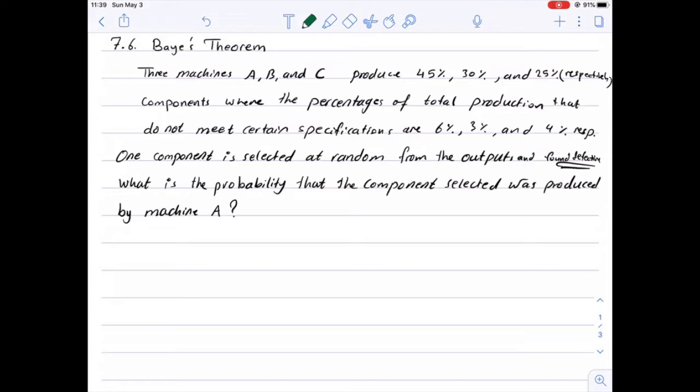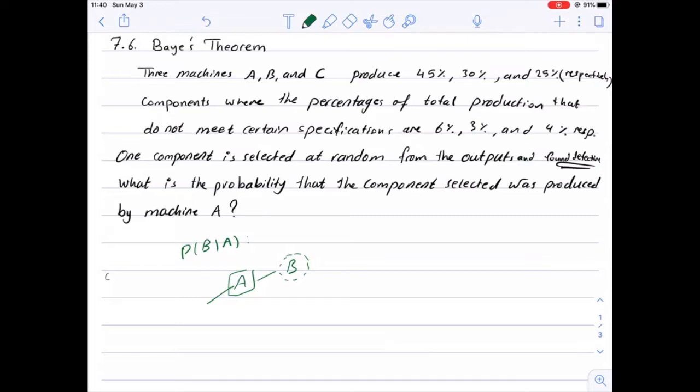Imagine that you have an experiment that can be performed in two steps, or it has two stages, stage A and stage B. If we want to find the probability of B given A, that means we want to find the probability of the second stage outcome if the event A has already occurred.